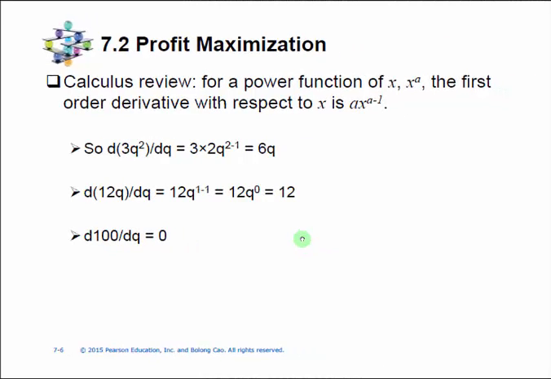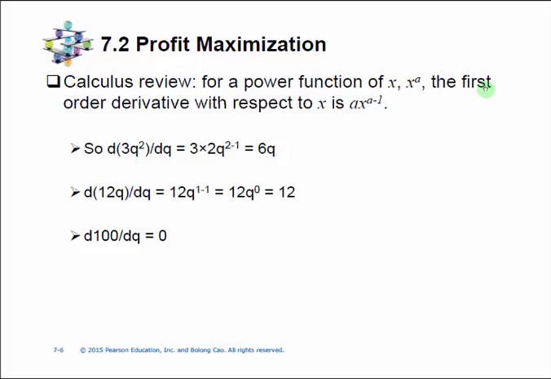So now let's review a little bit of the calculus that we are going to use in this class. The most basic first order derivative we need to consider is the first order derivative of a power function. So let's consider a power function of x to the a power.